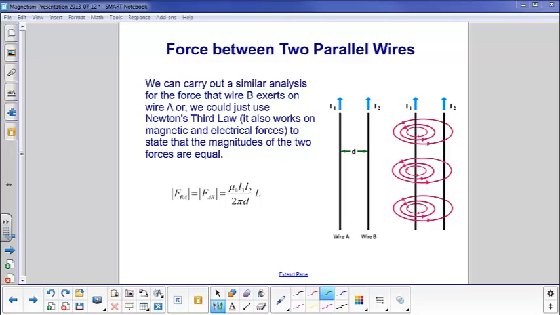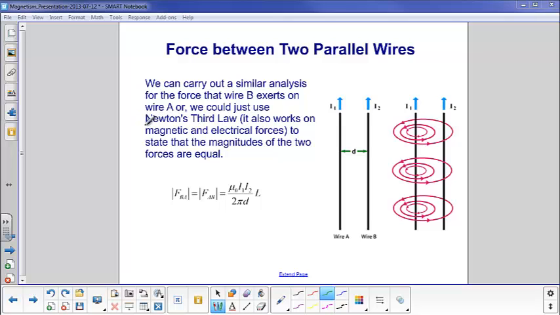Now I could do a similar analysis for the force that wire B exerts on wire A, in which case I would draw wire B's magnetic field, which would extend over here, and in this case it would be coming out of the page, and that's what current I1 would feel. Or I could just take a shortcut.